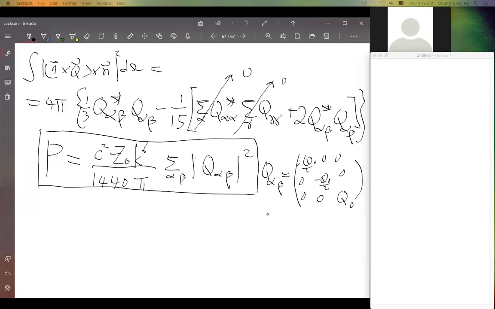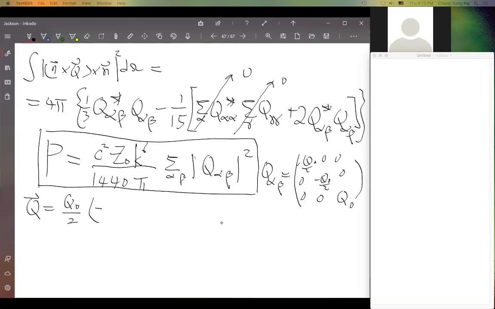Now once we have this Q tensor, we can calculate the Q vector. Q vector is just Q tensor dot n, but for this form, so you can write it out explicitly. So you have Q0 over 2, dot into n.